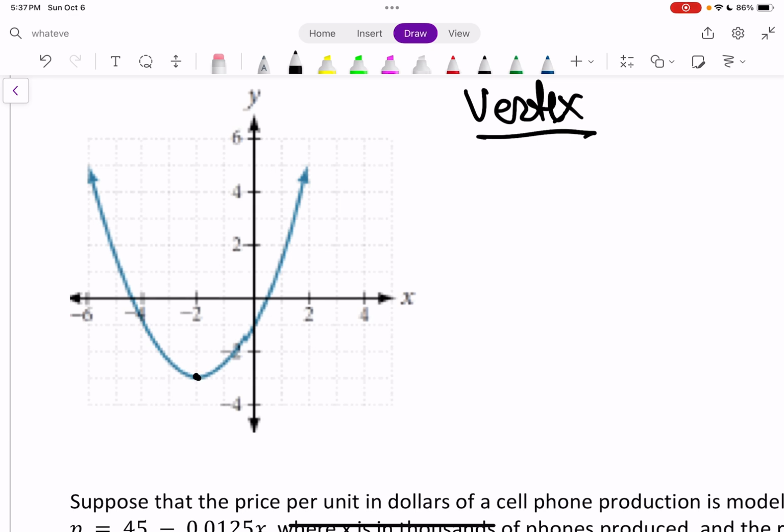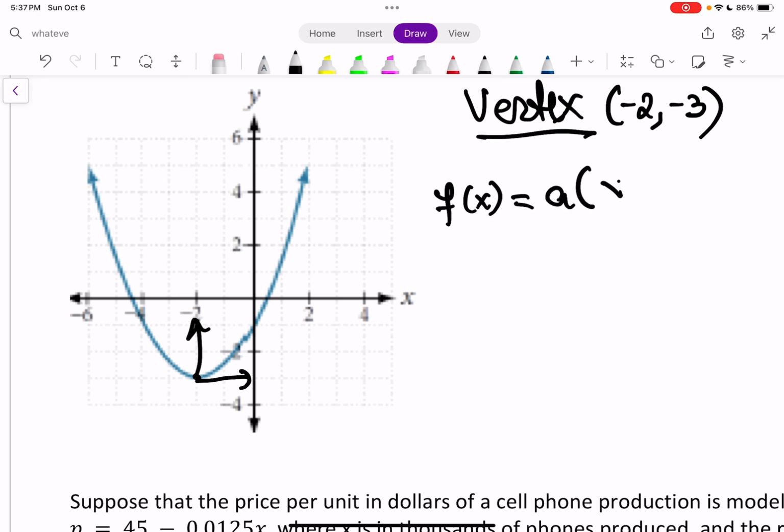Here's the vertex. The x-coordinate is -2. The y-coordinate I see is -3. So far, this is my quadratic function. A times x minus -2, so plus 2, plus k, and k is a -3.